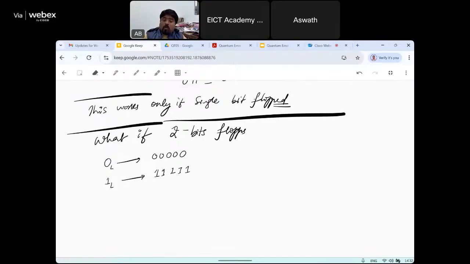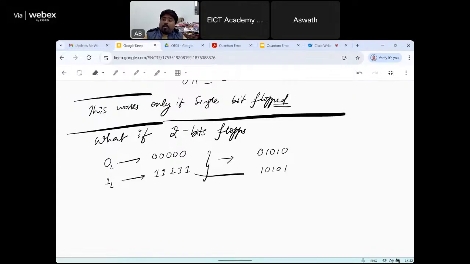Now I know for sure 2 bits are flipping. Let's say in that location, 0 1 0 1 0 happened, the bits are being flipped. Same story for the other one also.